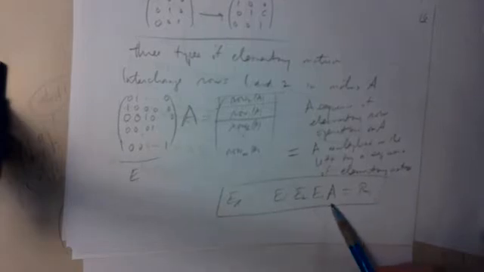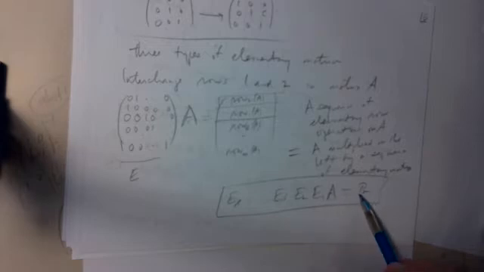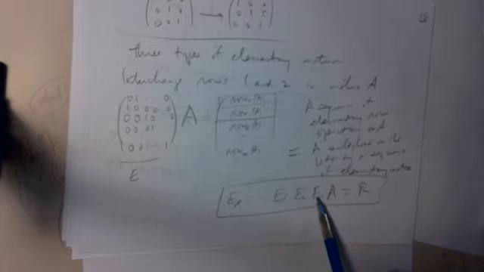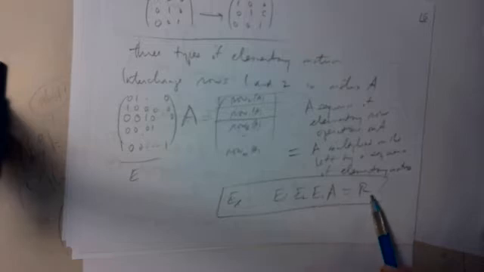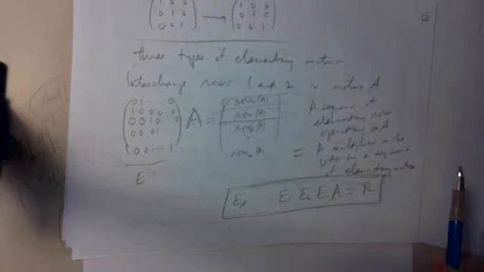If A, after a sequence of elementary row operations, gives you a reduced row echelon matrix R, then there's a sequence of elementary matrices E1 up to E sub L, where this product times A equals R. Right? So that's the important fact that I wanted to bring forth right now.